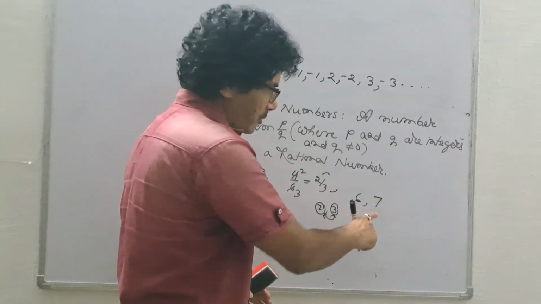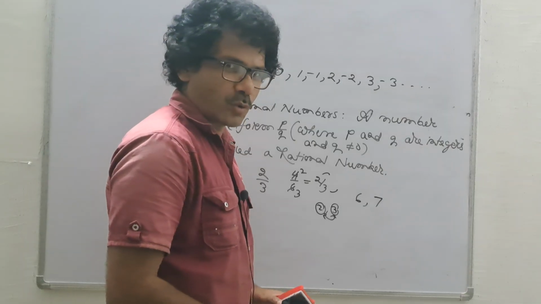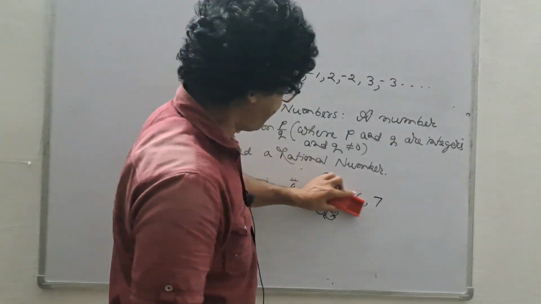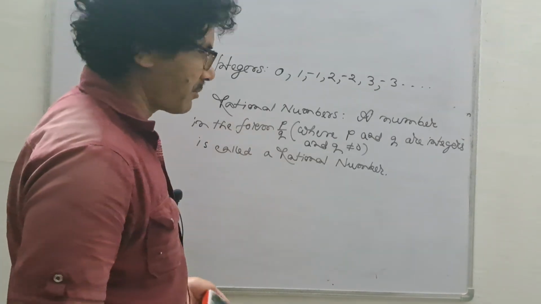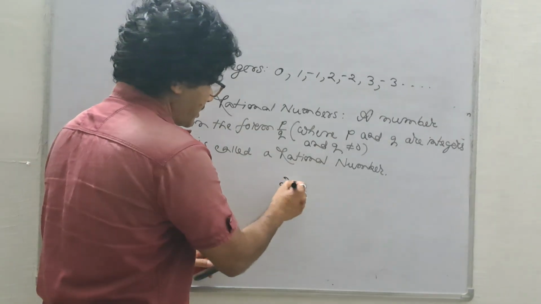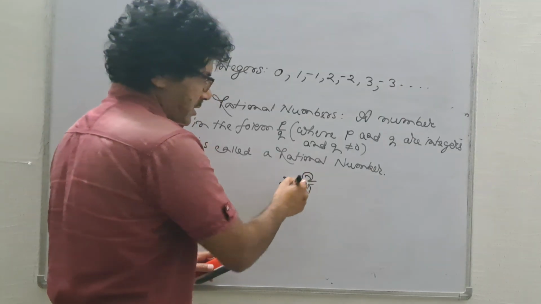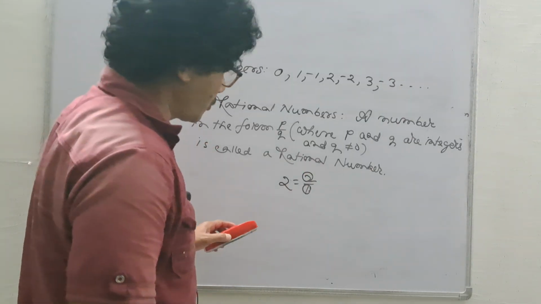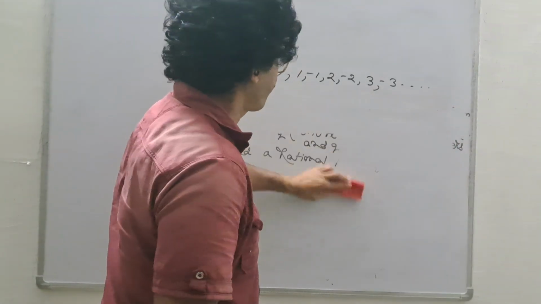Now 1 is the only common factor of 6 and 7, and therefore 6 and 7 are called co-primes. Okay. So rational number, you have already understood what a rational number means. 2 is also a rational number because 2 can be written in the form 2 by 1. So 2 is an integer, 1 is an integer. So P by Q form, so 2 is an integer. Okay.